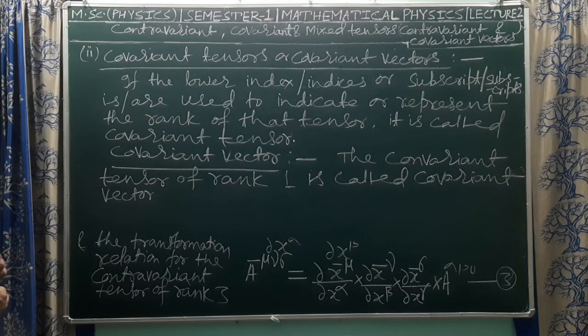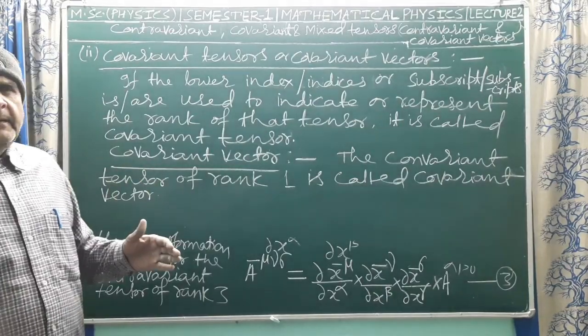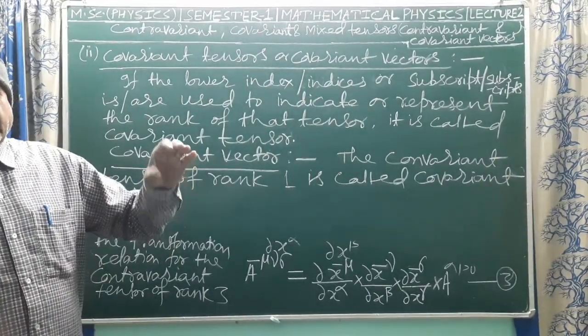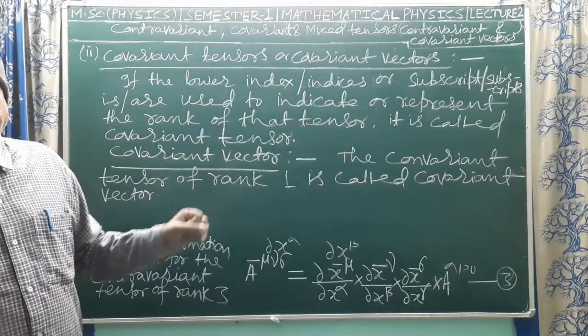Covariant vectors, the components of a covariant vector or covariant tensors can also be transformed as the partial derivatives of the coordinate system.